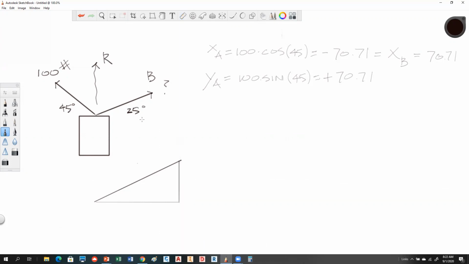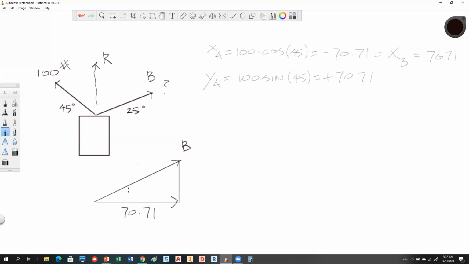So this represents B's vector. This is B. What we know is this horizontal component is 70.71. And again, because we know that the resultant has to go straight, in order for that to happen, these have to be the same in the x, but they have to cancel. That's why I was able to write that.